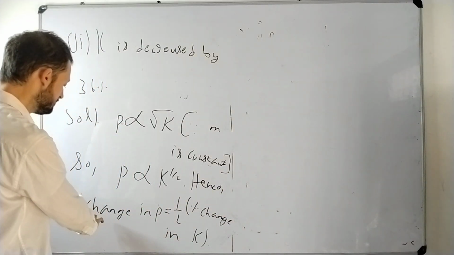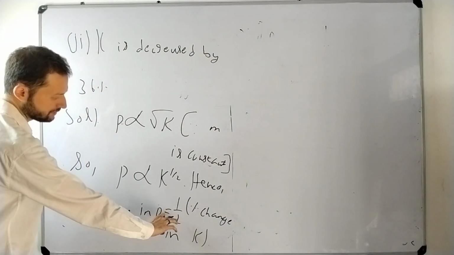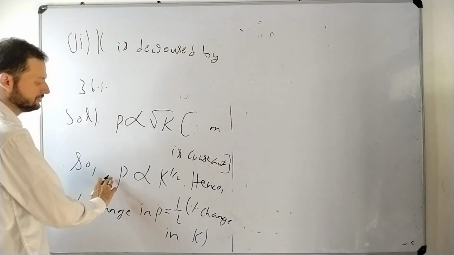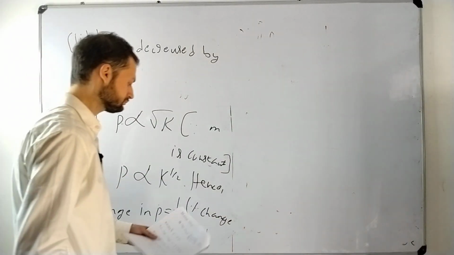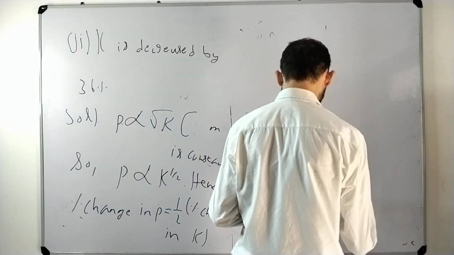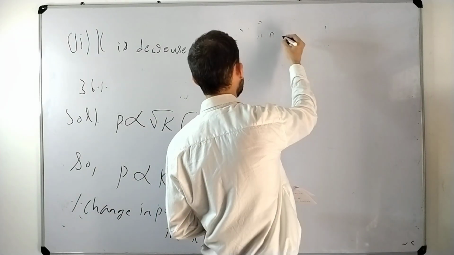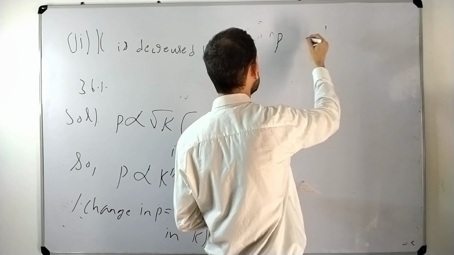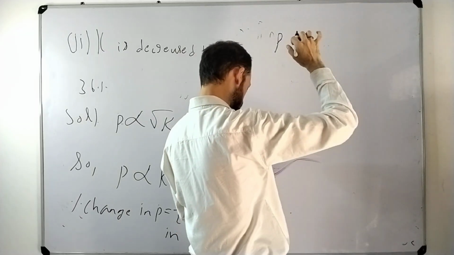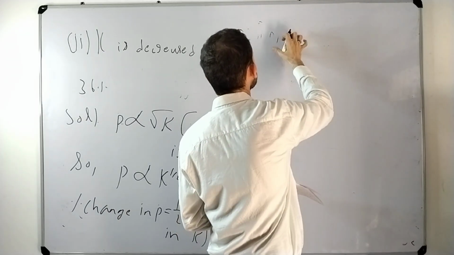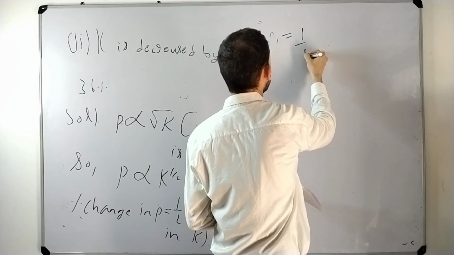M percentage change, N percentage change. Here P is 1, this is half. Then this gives what? Yes, half.